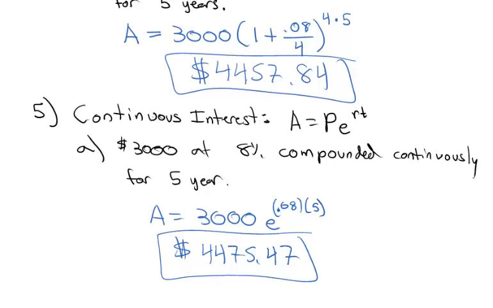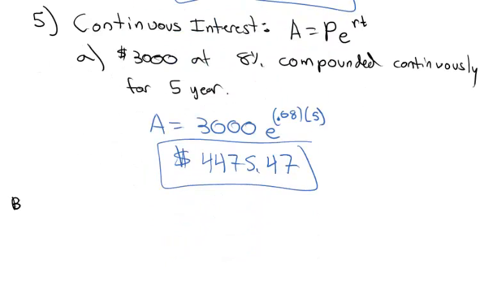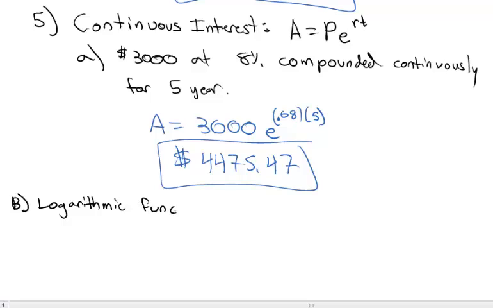So that's your quick review of exponential functions. We're going to spend a little bit more time talking about logarithmic functions, because they're more interesting and you can do more with them. A logarithmic function is written something like x equals log base b of a, which really means b, the base, raised to the x exponent equals some answer.